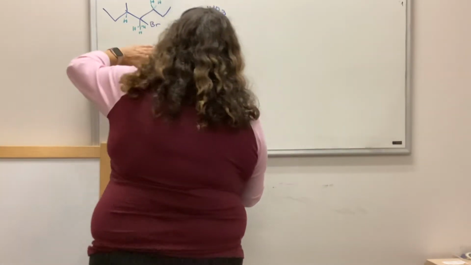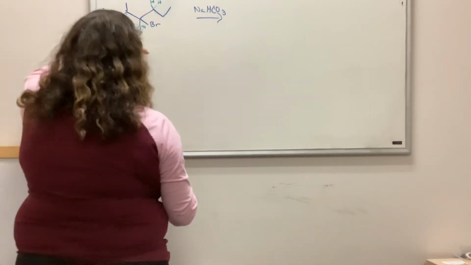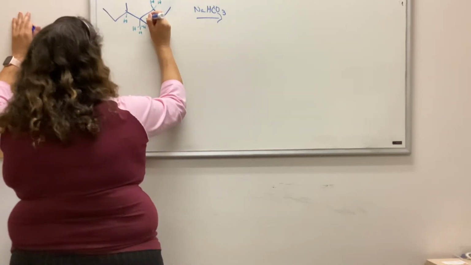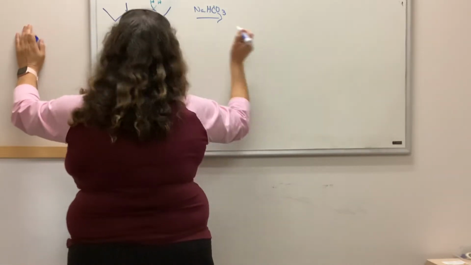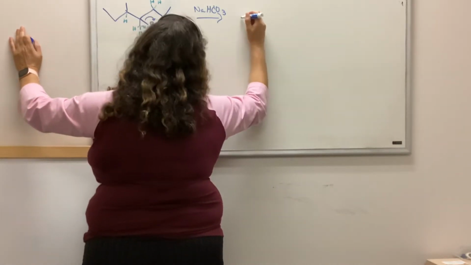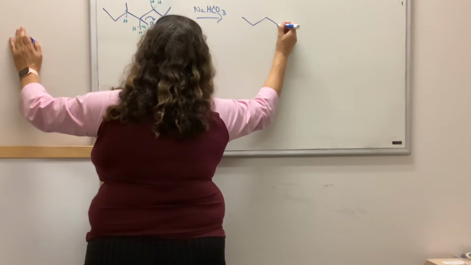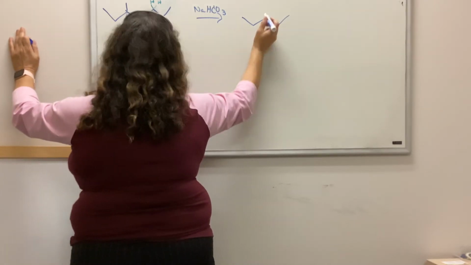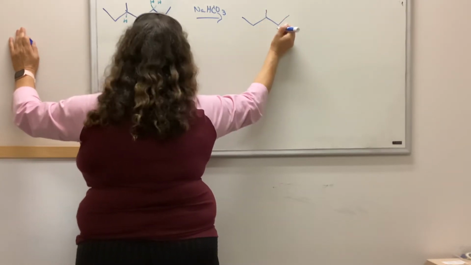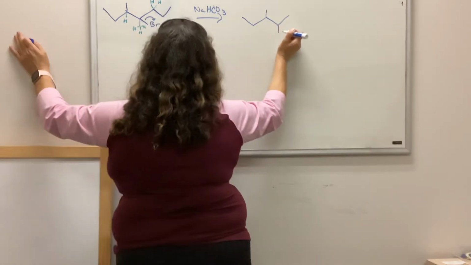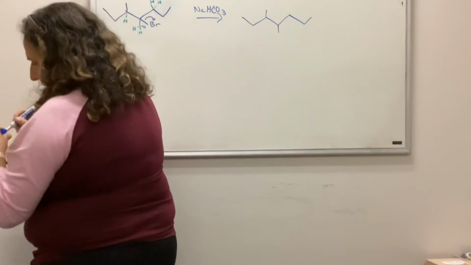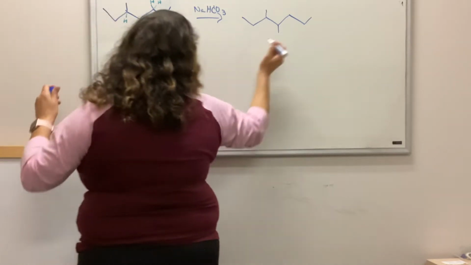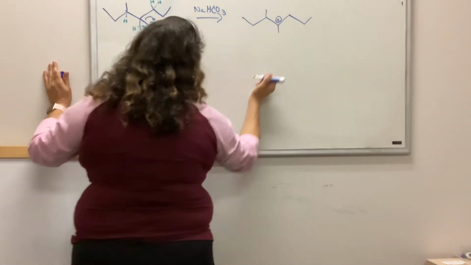It will only be a base once we get to the carbocations, totally dependent on my bromine coming off. And methyl here. And now I have a plus charge here.